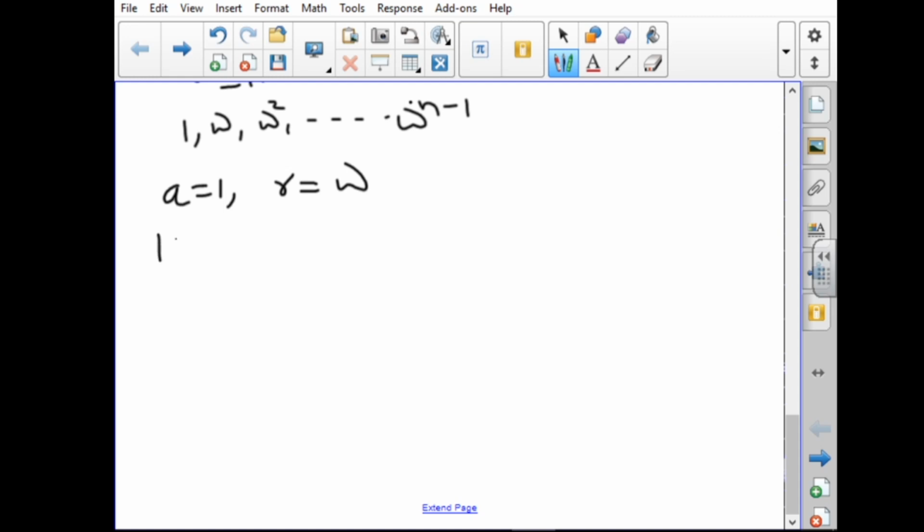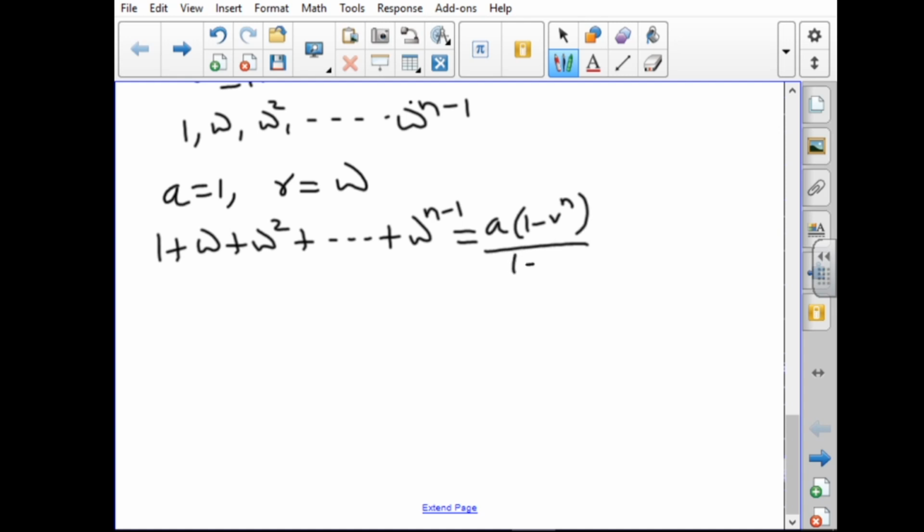So, now we will see the sum of this. What is the sum of the n roots of unity? 1 plus omega plus omega square plus etc. up to omega power n minus 1, and by GP formula it is A into 1 minus R power n by 1 minus R. So, A is equal to 1. So, 1 into 1 minus omega power n by 1 minus omega.